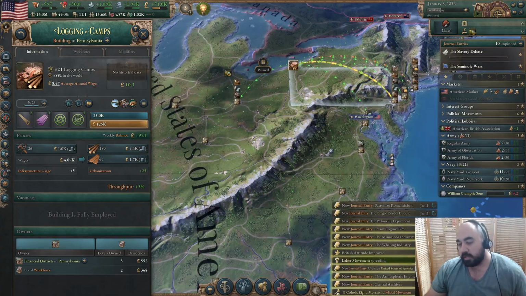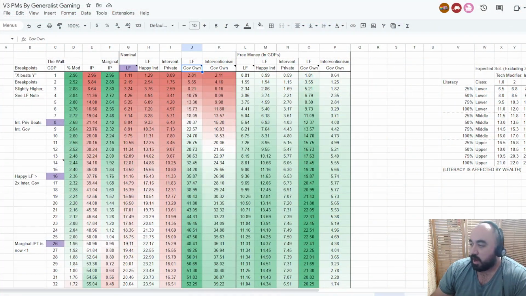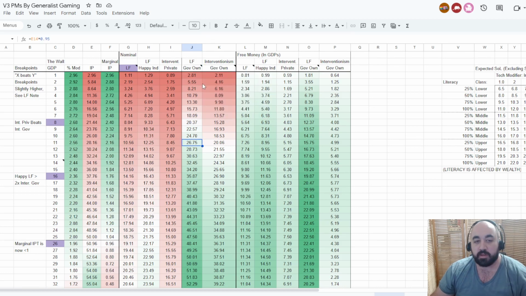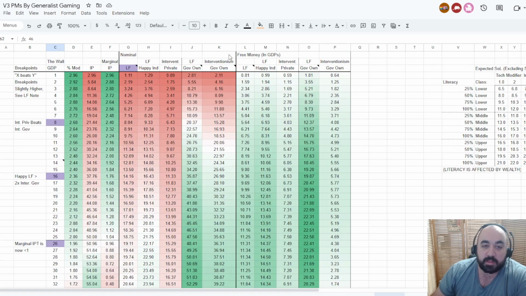But for the sake of just looking at these modifiers, to be clear with the way we're doing it, this modifier is probably overestimating money deletion effects by negative throughput in this early band of GDP, and underestimating it in this later band of GDP, but this is an important assumption we have made. Also, interventionism, the value in here includes the amount that is going to government dividends.